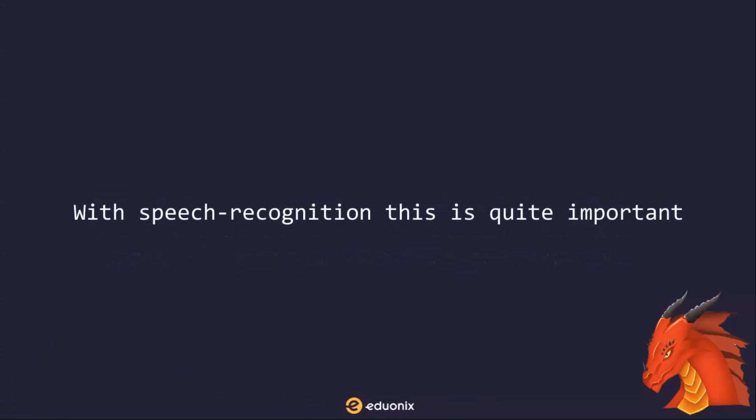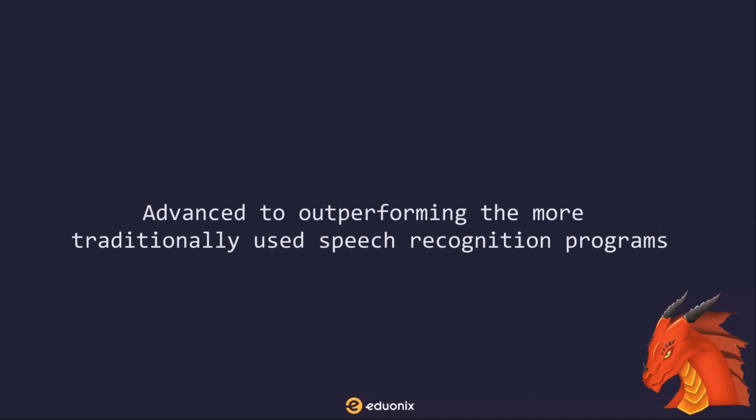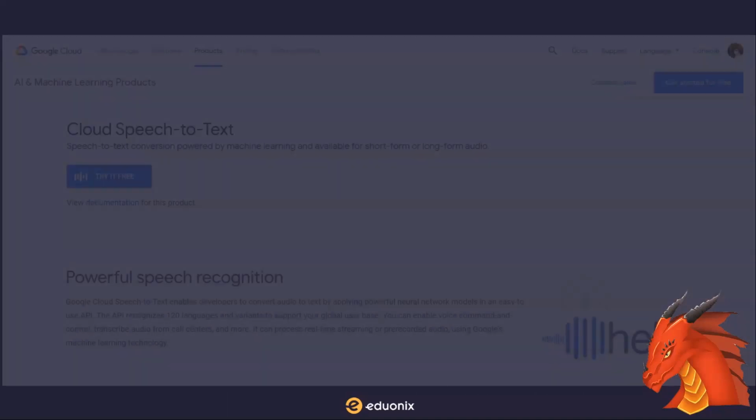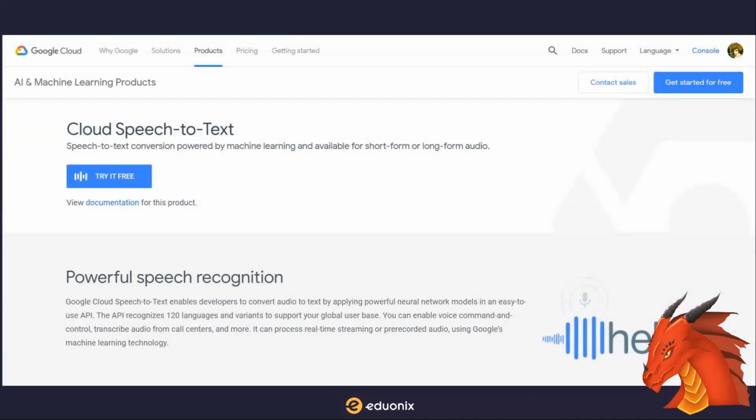With speech recognition, this is quite important. Around the year 2007, long short-term memory had advanced to outperforming the more traditionally used speech recognition programs. In 2015, using a CTC-trained LSTM, the Google Speech Recognition program is reported to have taken a significant performance jump of 49%.